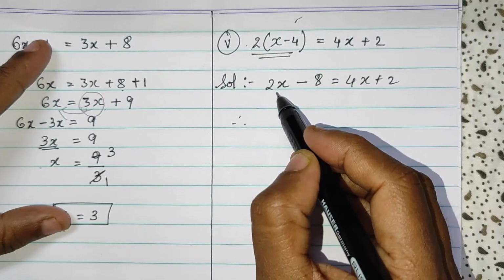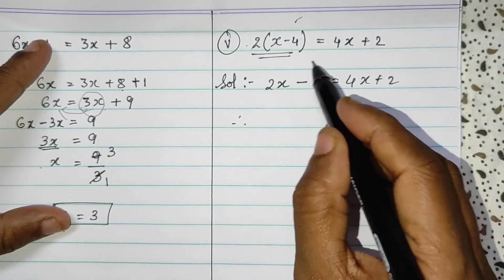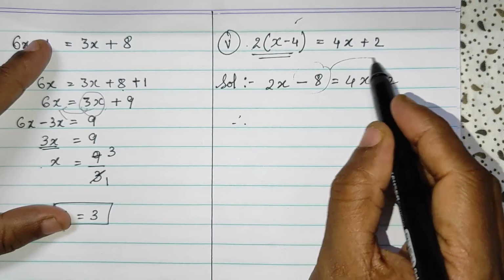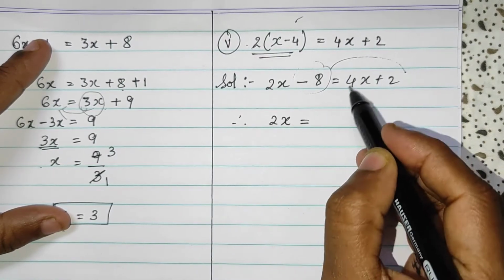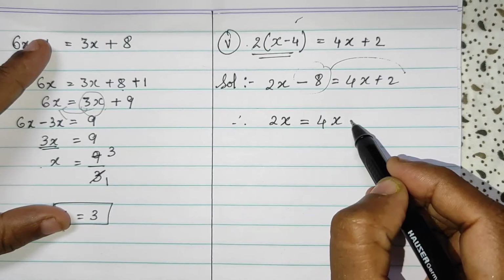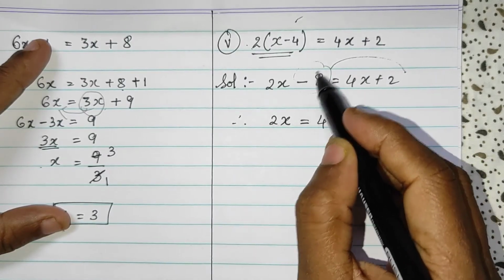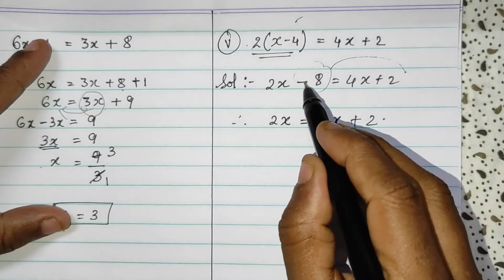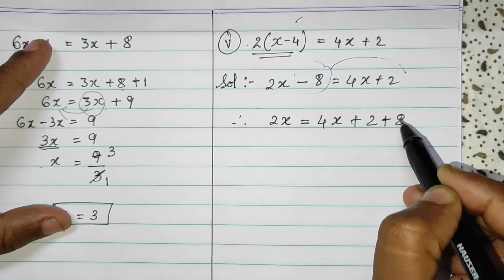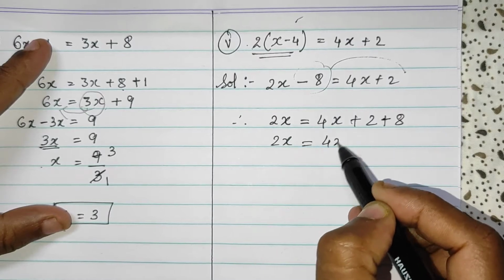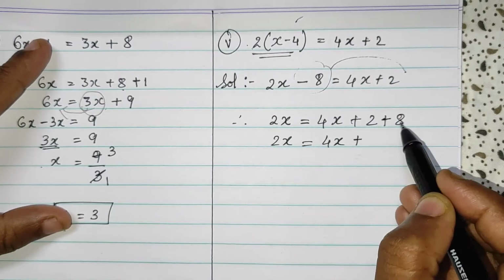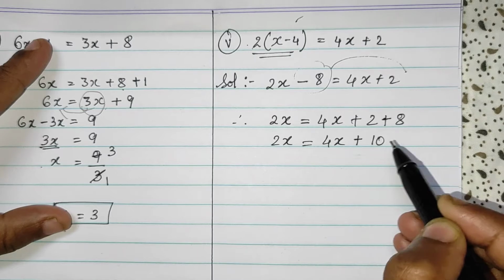Then you have now this minus 8, you take here. So you have 2x equals to 4x plus 2, and this minus 8 will come here. Minus will become plus 8.